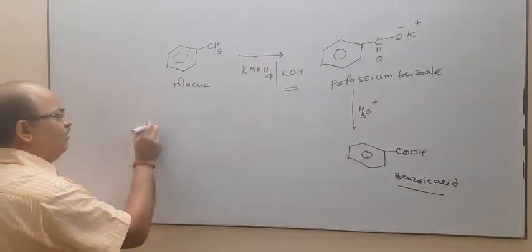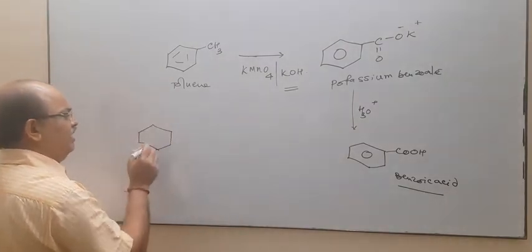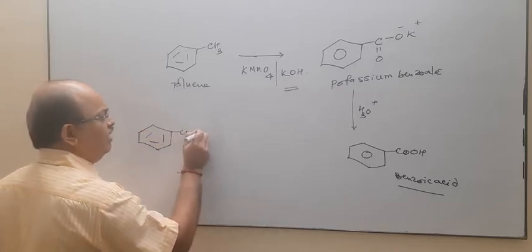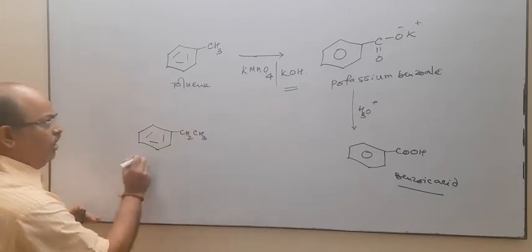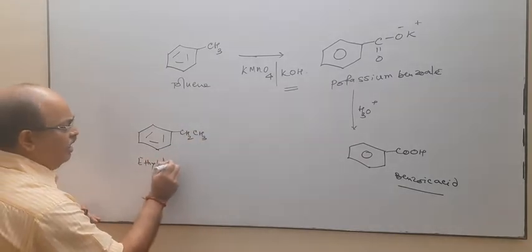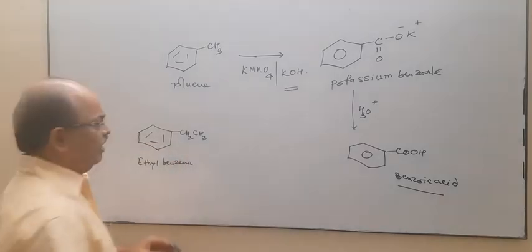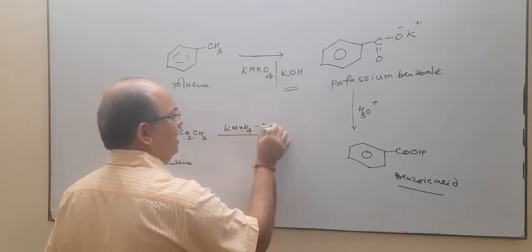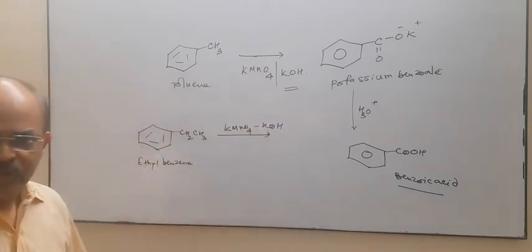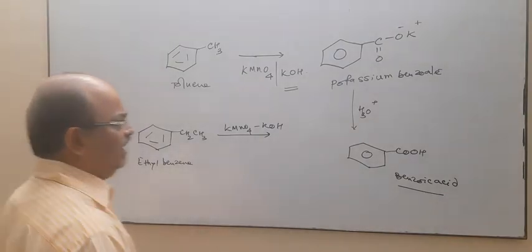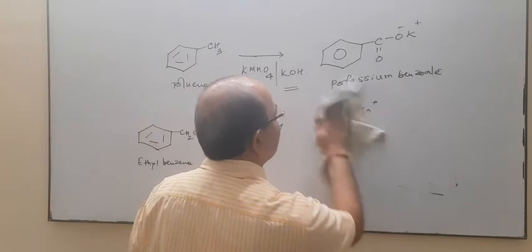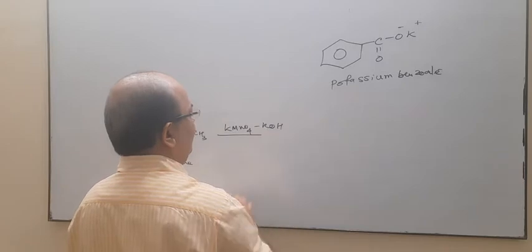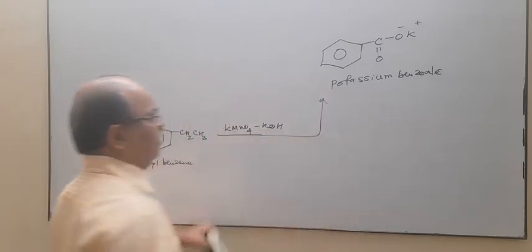Similarly, suppose we have ethyl benzene. Now if we oxidize this ethyl benzene with alkaline KMnO4, that is KMnO4 in the presence of KOH, then what happens? Again potassium benzoate will form.